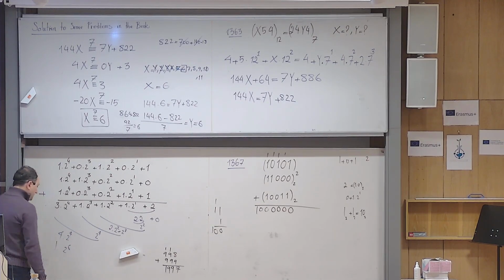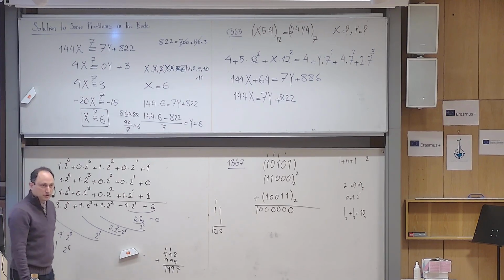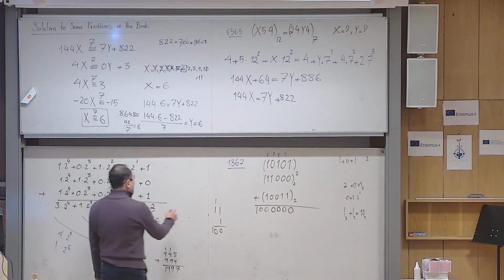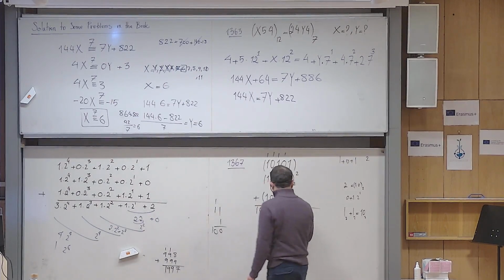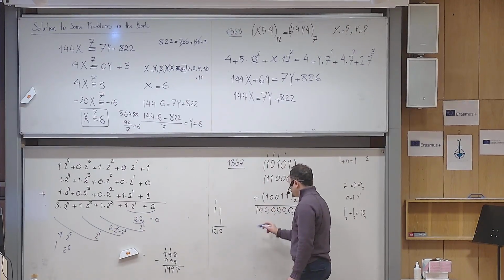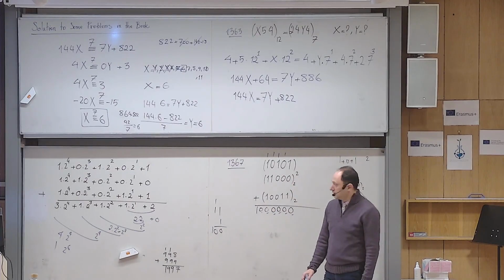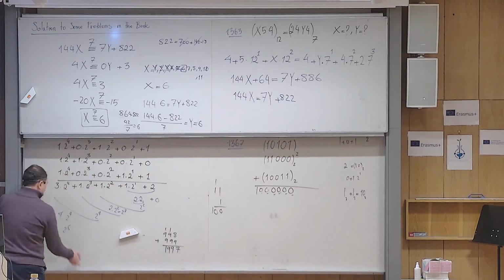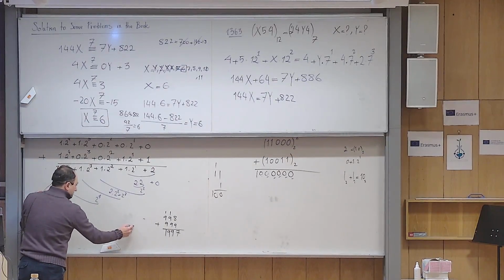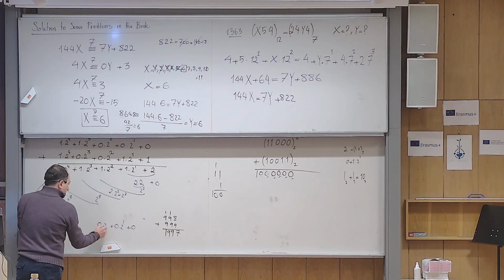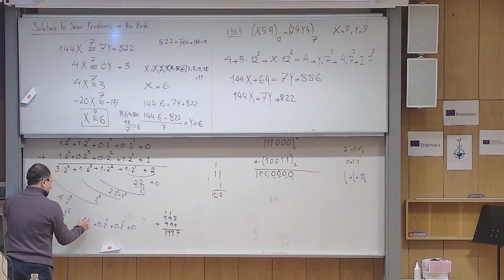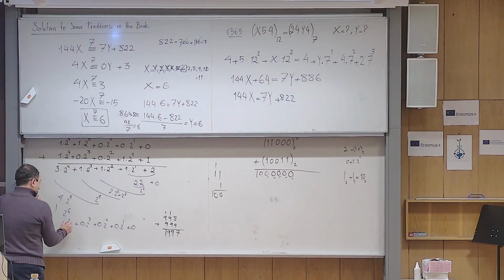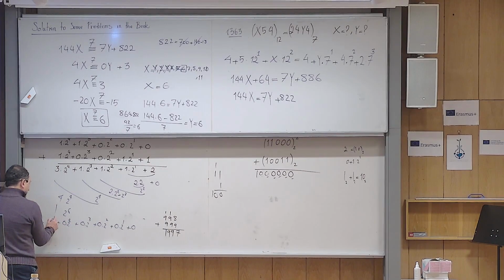So this means that this number is nothing except 1 times 2 to power 6. So it means that I have 1 2 3 4 5 6 zeros, and then I have 1. Yes, because when you say that I have 2 to power 6, it means that you have 0, 0 times 2 to power 1, 0 times 2 to power 2, 0 times 2 to power 3, 0 times 2 to power 4, 0 times 2 to power 5, and then just 1 times 2 to power 6.